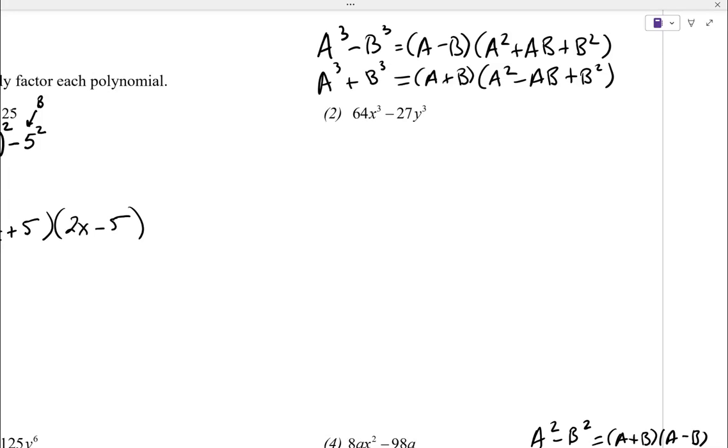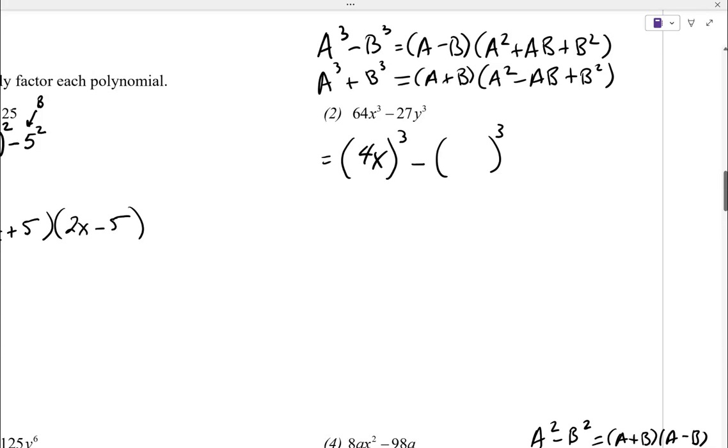So again, just like your difference of squares formula, I need to identify your A and your B. What do you cube to get 64? 4. What do you cube to get 27? 3. So what's going to go inside the first set of parentheses? 4x, good.